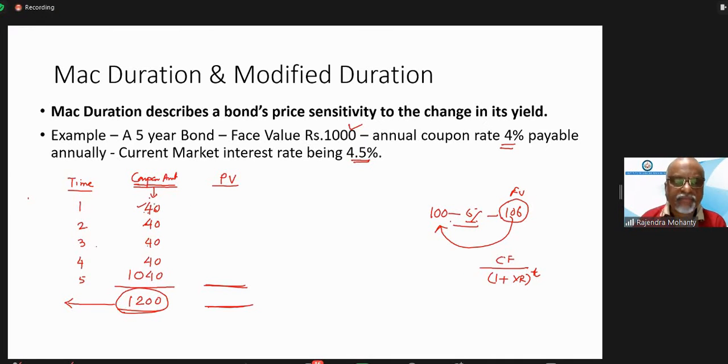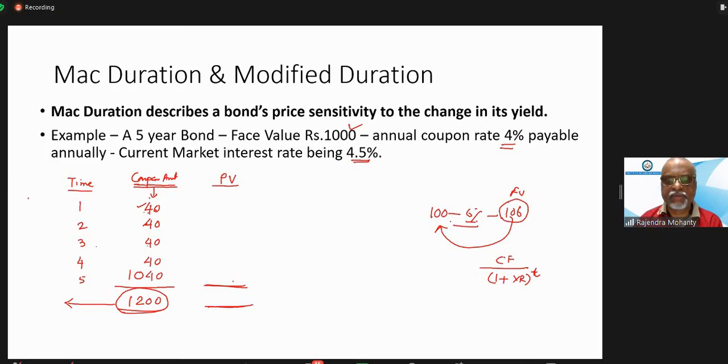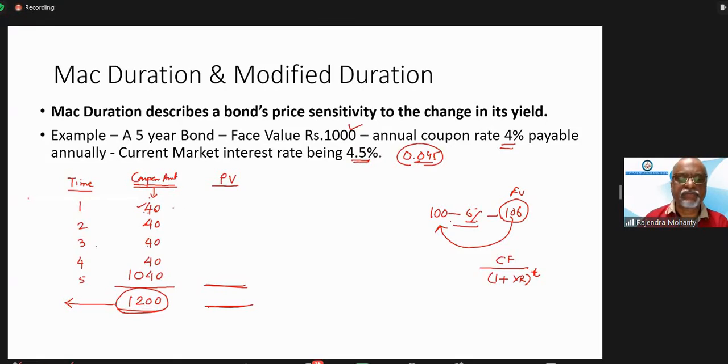So can you calculate the present value of this 40 rupees for first, second, third, fourth and also fifth year? Please use your calculator and tell me. So you take this 4.5% as 4.5 divided by 100, so it becomes 0.045. You calculate and tell me first, what is the present value of this 40?